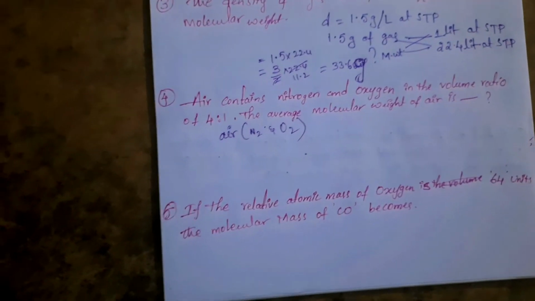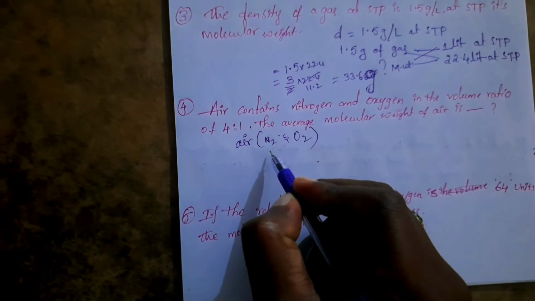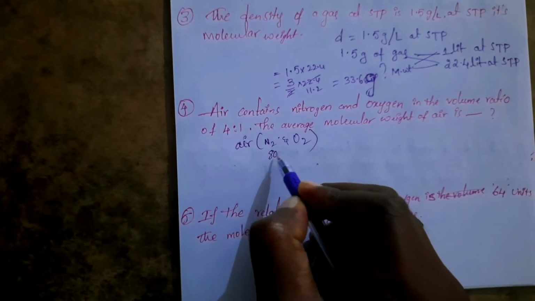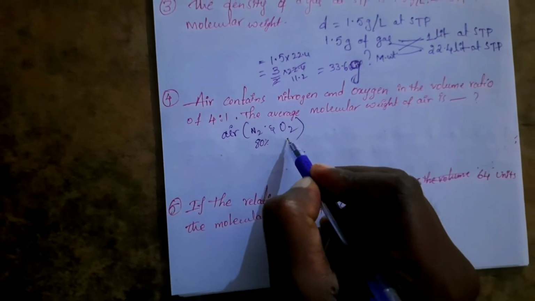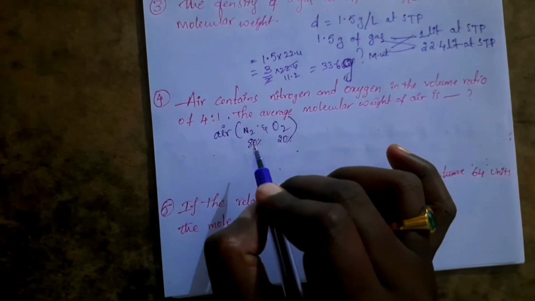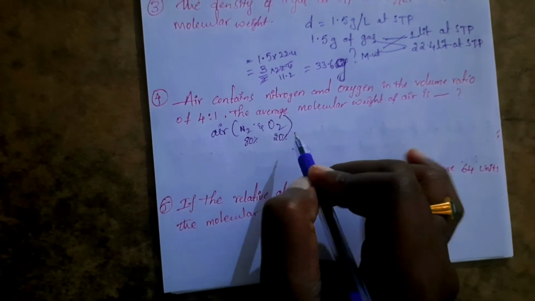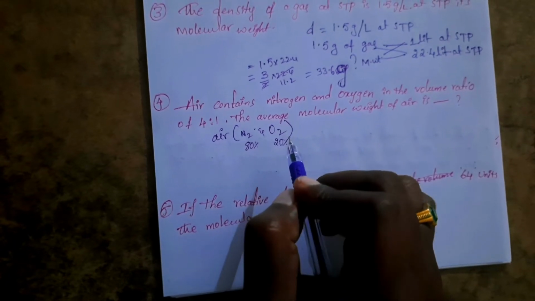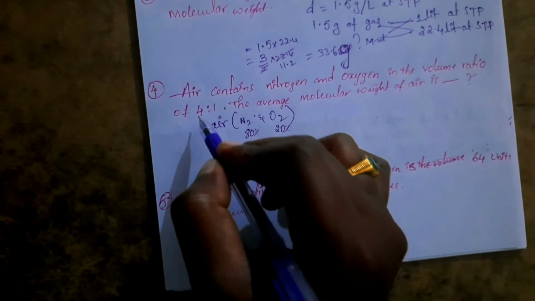In this case we are taking around 80% nitrogen and the remaining 20% oxygen. That is, 78 we are taking as 80, and 21% we are taking as 20. So for a round figure, they are present in the volume ratio of 4:1.